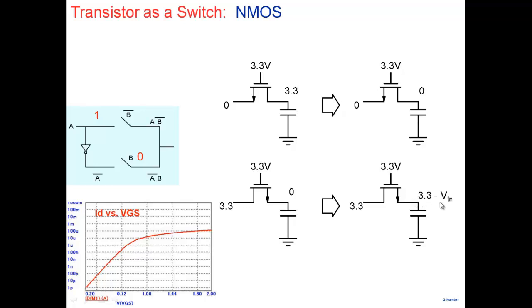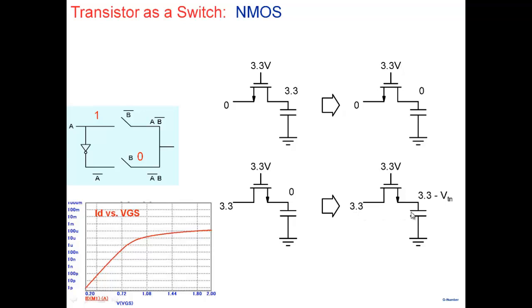So if I have a VTN of 1 volt, the node will drop to 2.3, and then it's not able to charge beyond that, or it charges very slowly. We had wanted this particular node to become 3.3, but what you end up getting is only maybe 2.3.